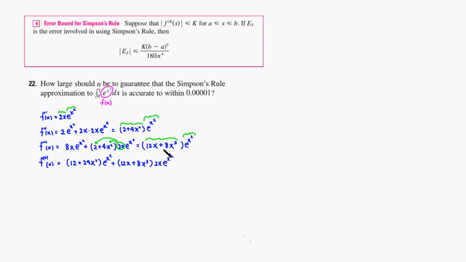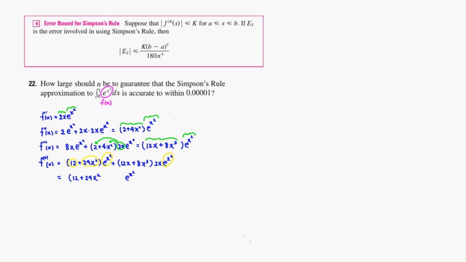Then we're going to clean it up. I'm going to go down here. As usual, I'm going to pull out e to the x squared. I circle those so that I don't miss anything. Then we have 12. Circle that. And then you have plus 24x squared.